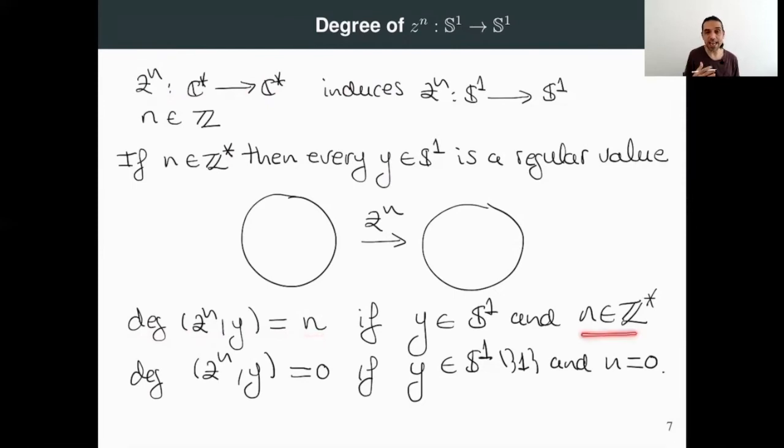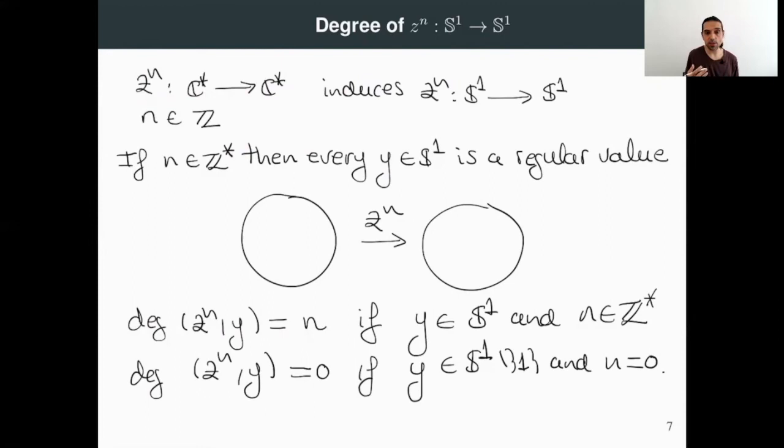What happens when n is negative? In that case, every point has minus n preimages, but all of them are of negative type. So the degree of c_n for the regular value y is minus n times minus 1, in other words, n. So we have this degree being equal to n for every y in S^1 and every non-vanishing integer n.